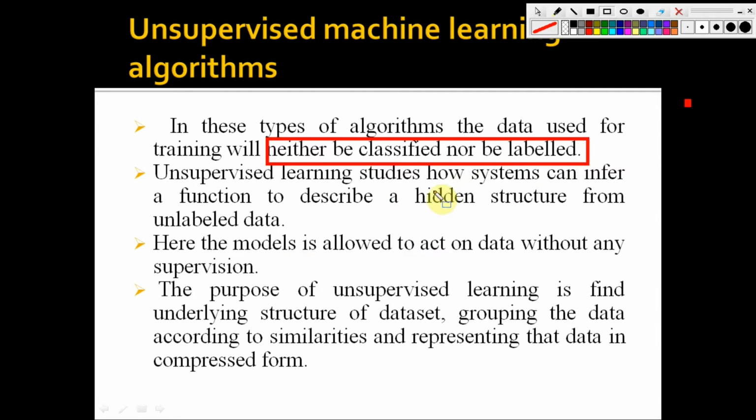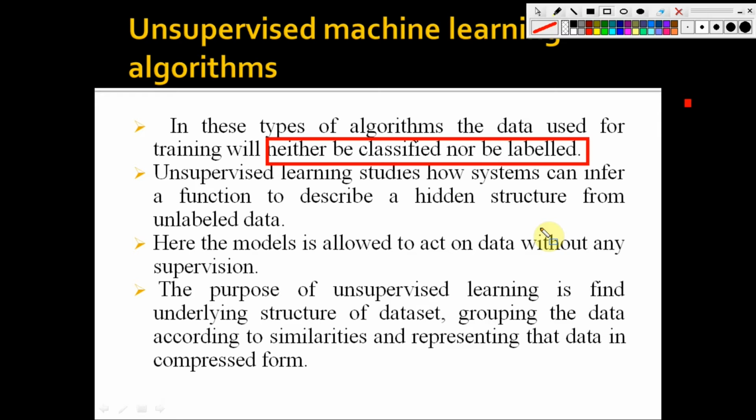Unsupervised learning studies how systems can infer a function to describe a hidden structure from unlabeled data. The main goal of unsupervised learning is to get the hidden connection between the input and output. That is basically learning itself. Here the model is allowed to act on data without any supervision, and it has to come to a conclusion based on the feedback received from the output.